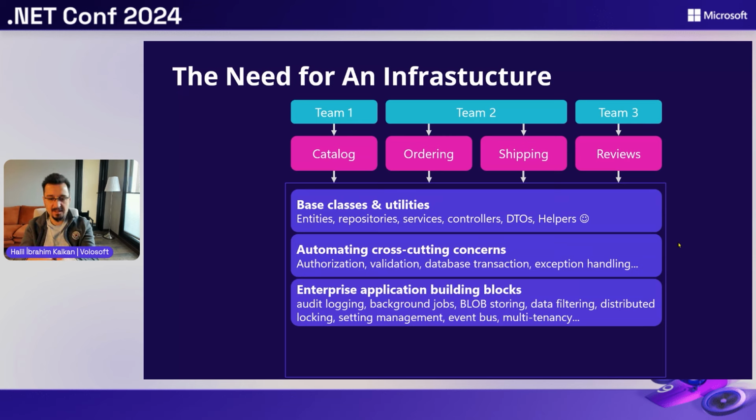But there are many application requirements in business applications, like enterprise applications, for example background job management, audit logging, access to blob store, distributed locking, setting and permission management, and an event bus, definitely. So these kinds of building blocks should also be located in some kind of infrastructure layer.